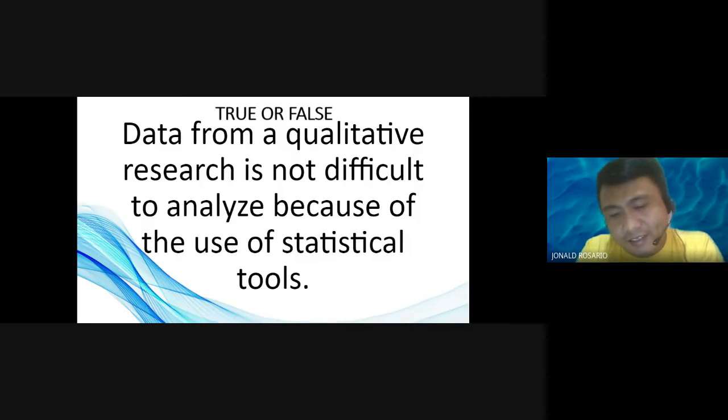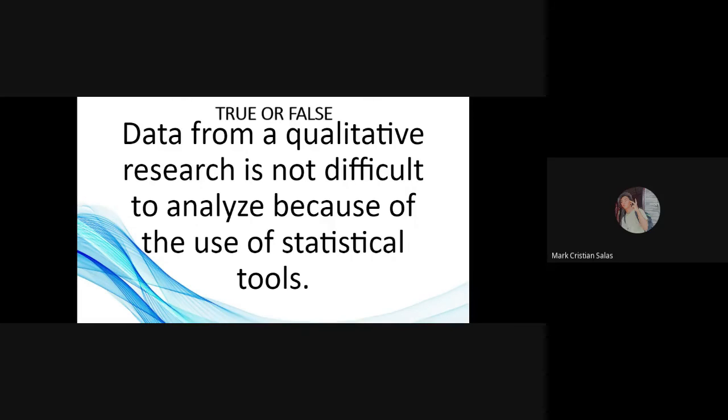No. So, bakit kaya false? Anyone? Can I have Mark? Mark Christian. Bakit kaya false, Mark? Because it involves numerical data.